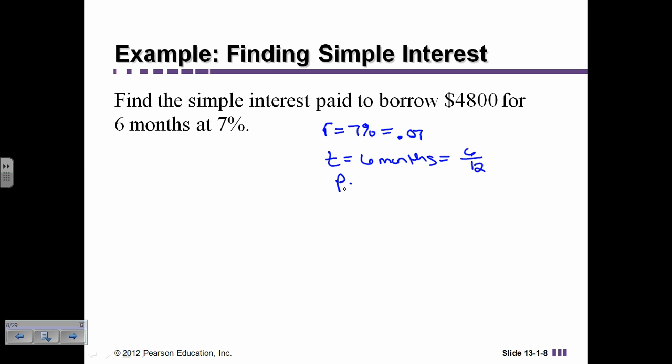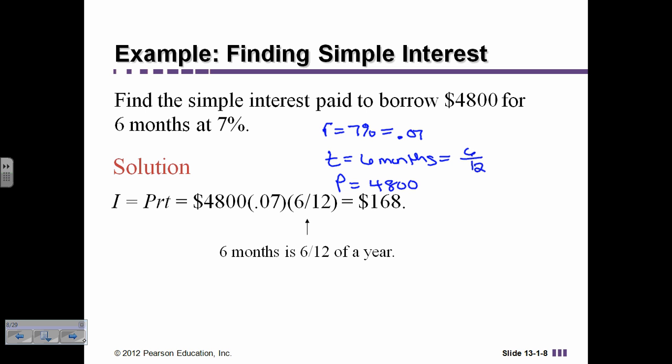And P is 4,800. So if we substitute that information into our formula, we end up with 4,800 times 0.07 times 6 divided by 12 is $168. So $168 is the amount of interest that we, in this case, have to pay.